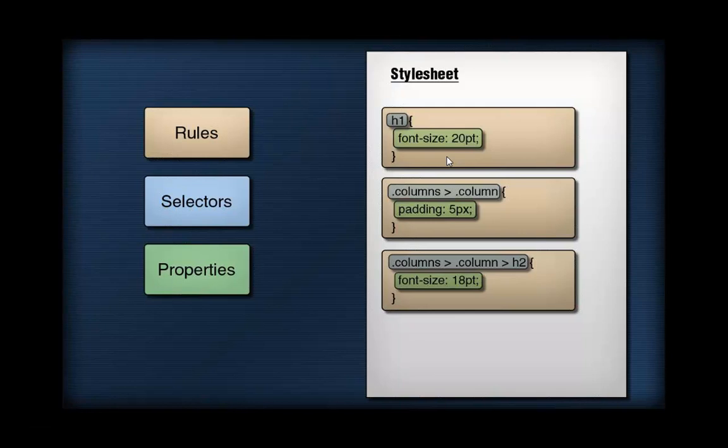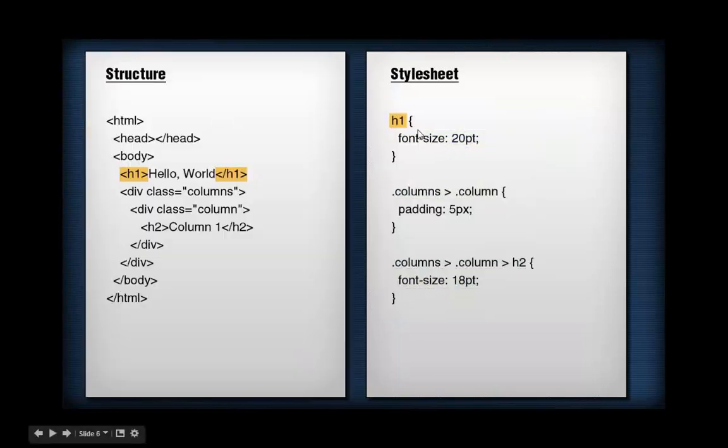To break apart how a few of the different kinds of selectors work in CSS, we can visualize it here. You'll see that this is an element selector, which means that it will select any element that is of this type. In this case, this is an H1. You'll see that this H1 becomes selected. The reason this is an element selector is because it has no punctuation before the selector itself.